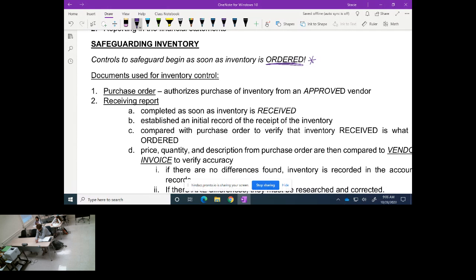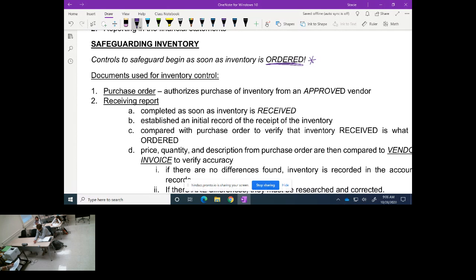Okay, so control should have security measures like storing inventory in restricted areas that only authorized employees can go into. Vans, for instance, I'm sure in their warehouse they have certain people that can go in the area where all their shoes are stored, and more than likely their high-priced items are locked up in a cage of some sort for security.